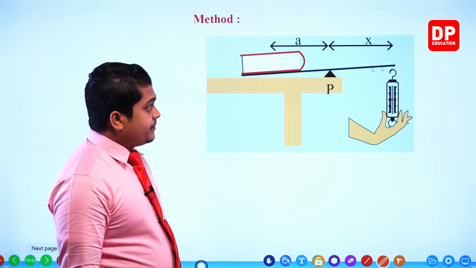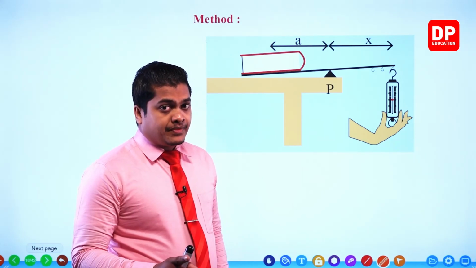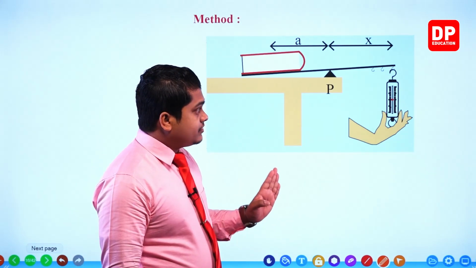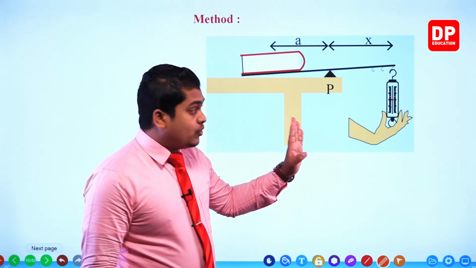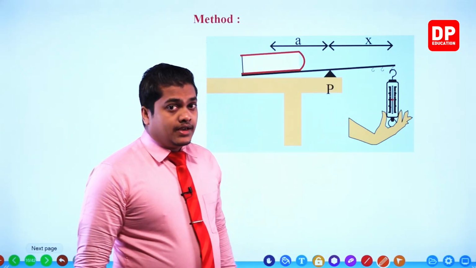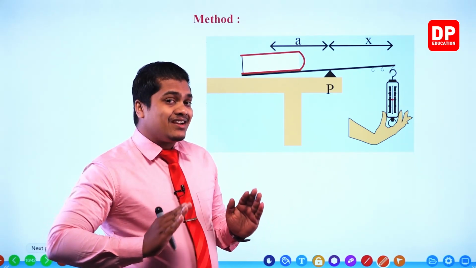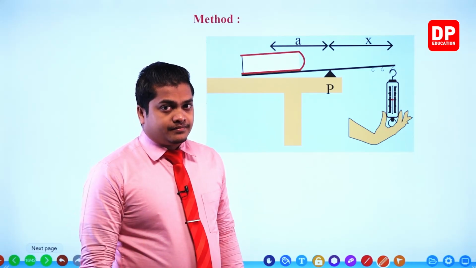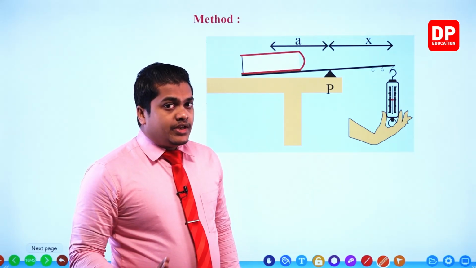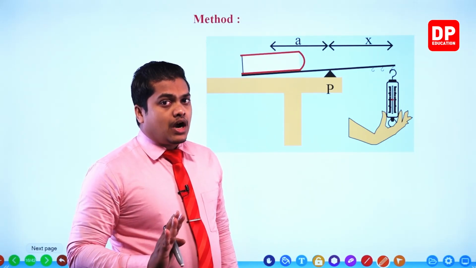Then, my dear children, remember, you need to change the positions of the hook, which is over here. By that way, you have to take at least three sets of values which we needed to lift the book upward.